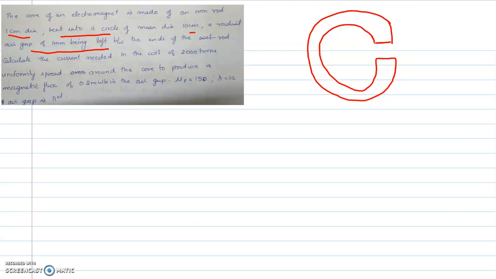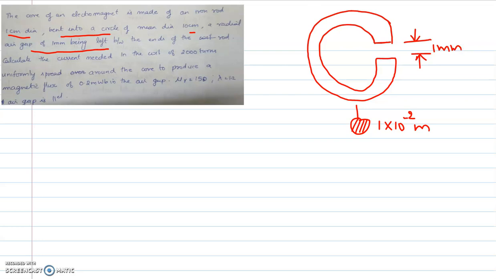So a circular cross section, that area is, the diameter is 1 into 10 to the power of minus 2 meters. Everything you need to express in meters. And this air gap length is 1 mm.